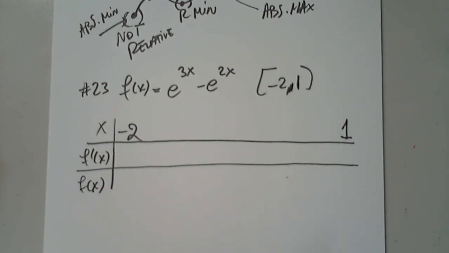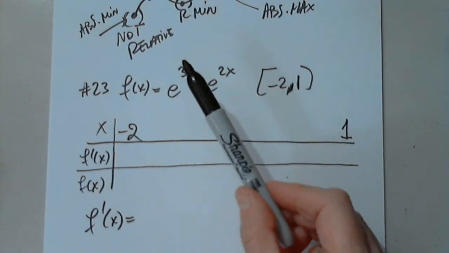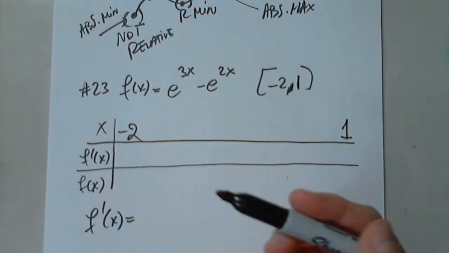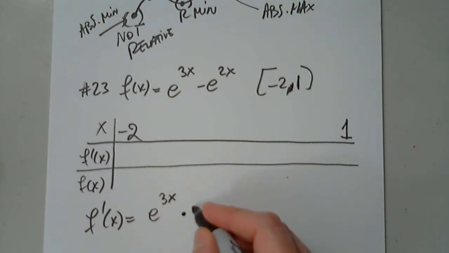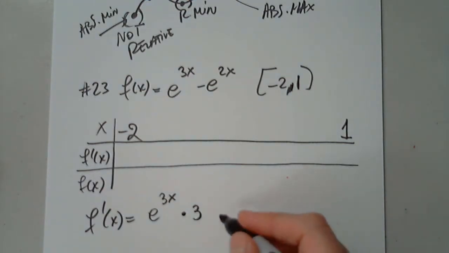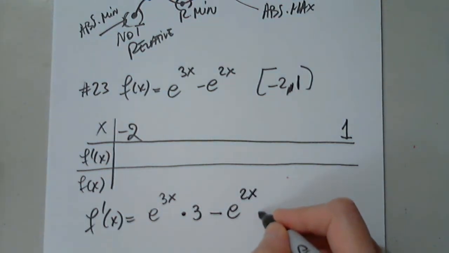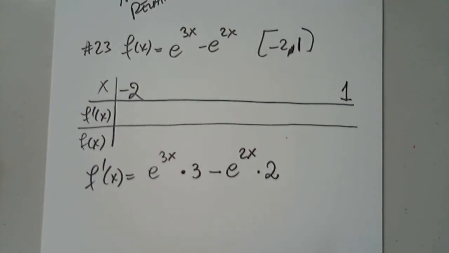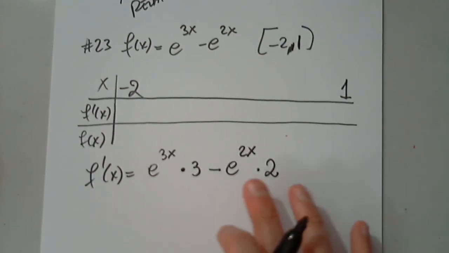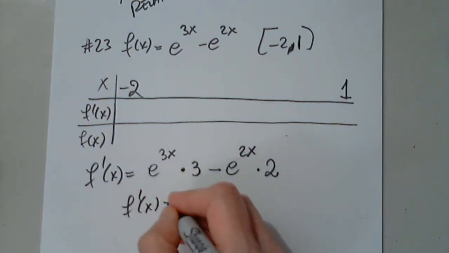I go directly to f prime. E to 3x prime is e to 3x times the inner function prime, minus e to 2x times the inner function prime. This is that thing that we did last time. So f prime of x equals 0.